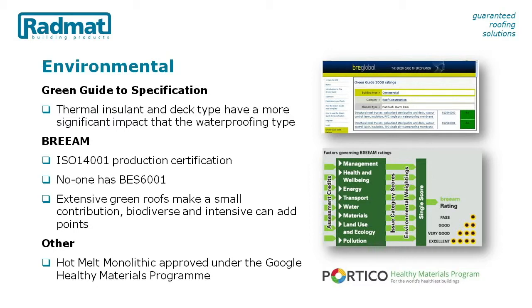Currently, no roofing system manufacturer has spent the money to get a BES 6001 rating. It remains the domain of glass, brick and steel suppliers. Lastly, our hot melt monolithic waterproofing, its accessory components and Protherm insulation was chosen to supply Google at their new London office building, following a thorough assessment of the product's environmental profiles.